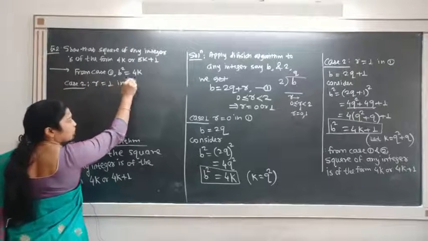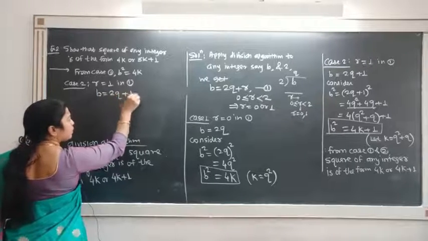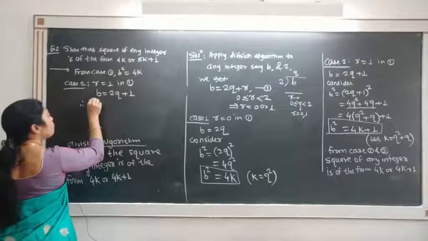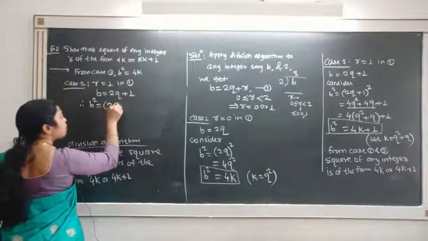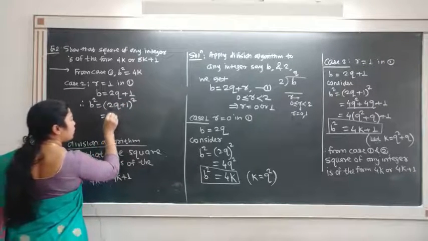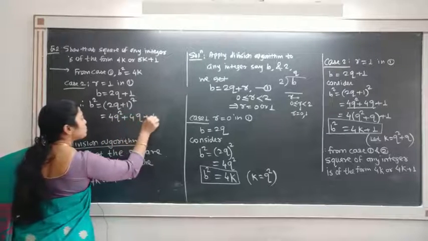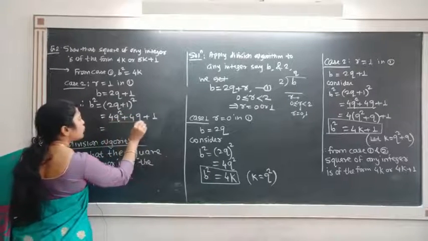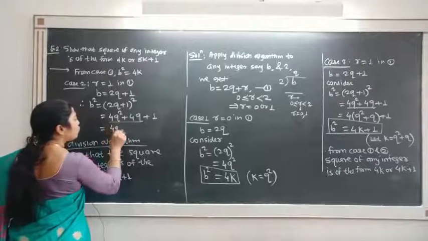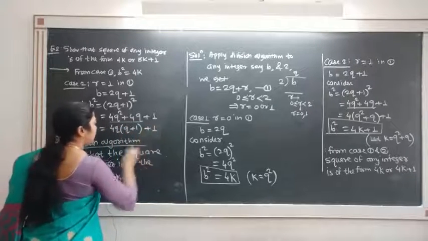In equation 1, we get b is equal to 2q plus 1, so that the square of b is (2q plus 1) whole square. It is nothing but 4q square plus 4q plus 1. From the first two terms, I will take 4q common, and in the bracket, q plus 1, plus 1.